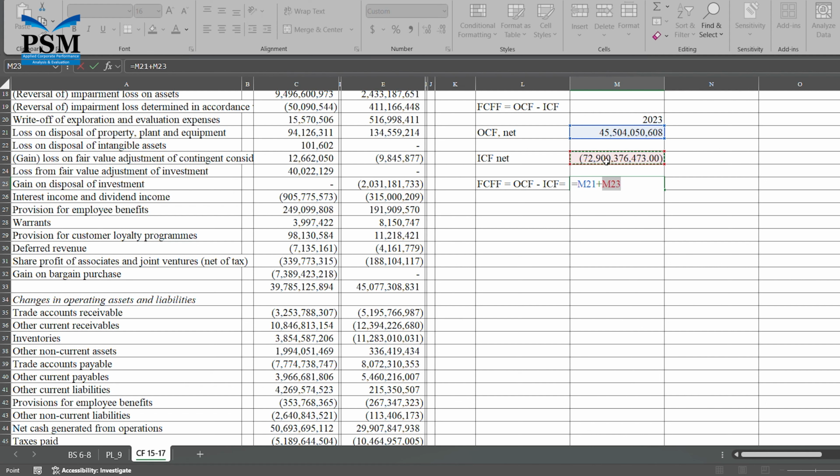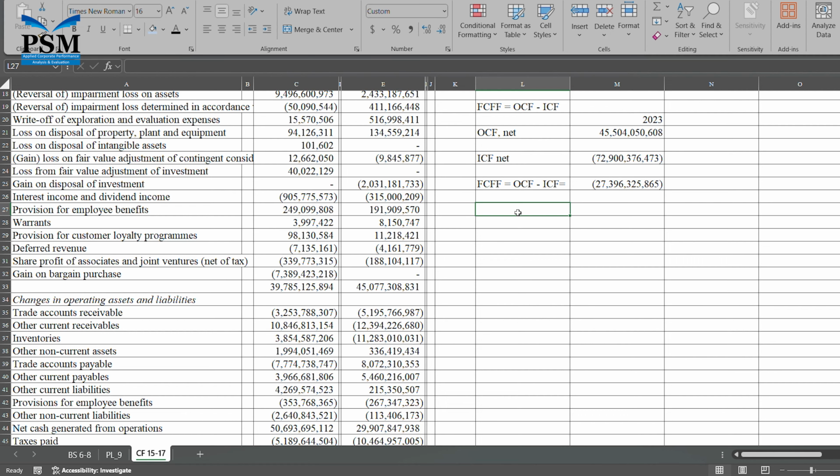Positive into negative is negative. So we get a 27 billion negative number, meaning there is no free cash flow. The amount of investment is larger than the amount of operating cash flow. From that number, we see that the company will require external financing.